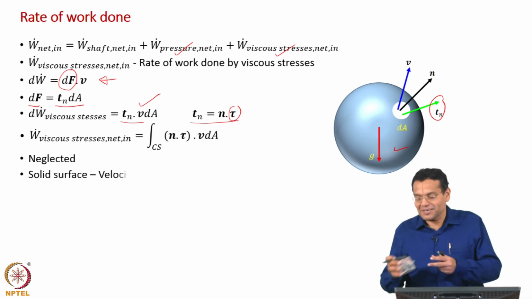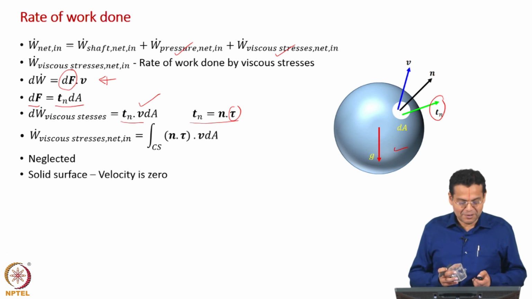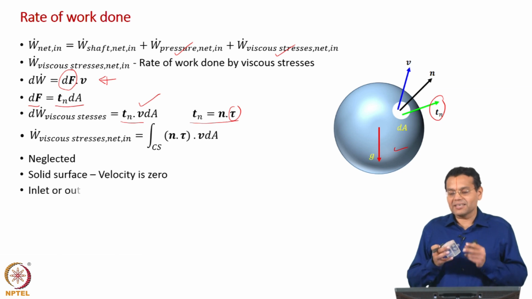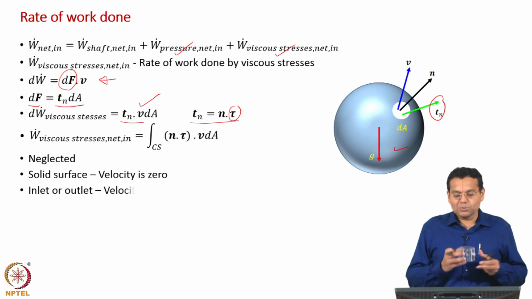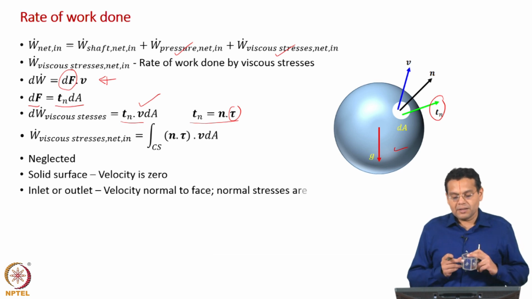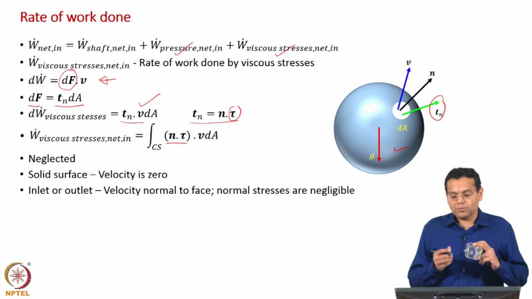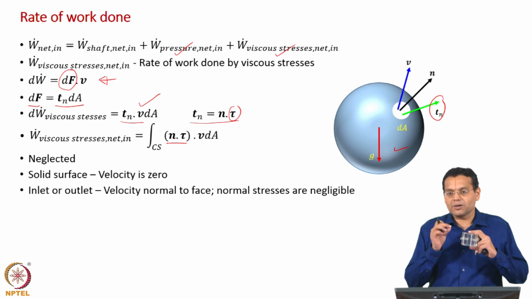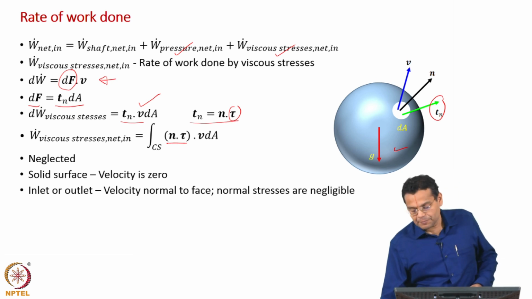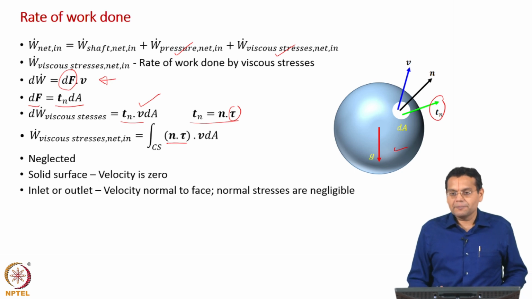Wherever you have a solid surface, velocity is 0. So, there is no contribution, we are safe. Now, wherever inlet and outlet, usually most of the time the velocity is normal to the area, which means that when you take this n dot tau etc., only the normal stresses contribute, and the normal stresses usually are negligible.